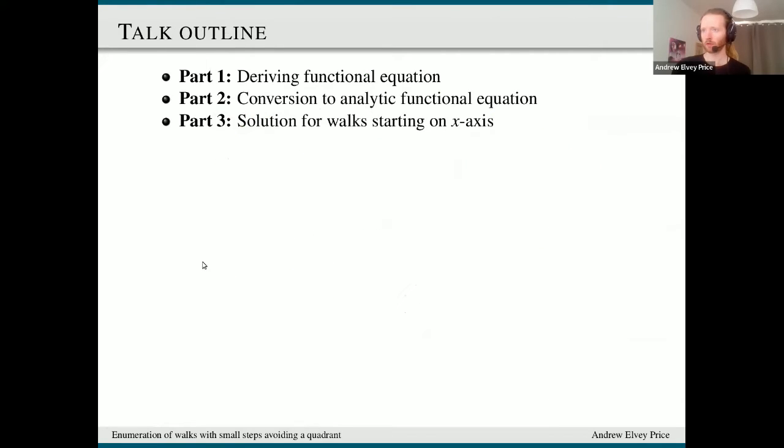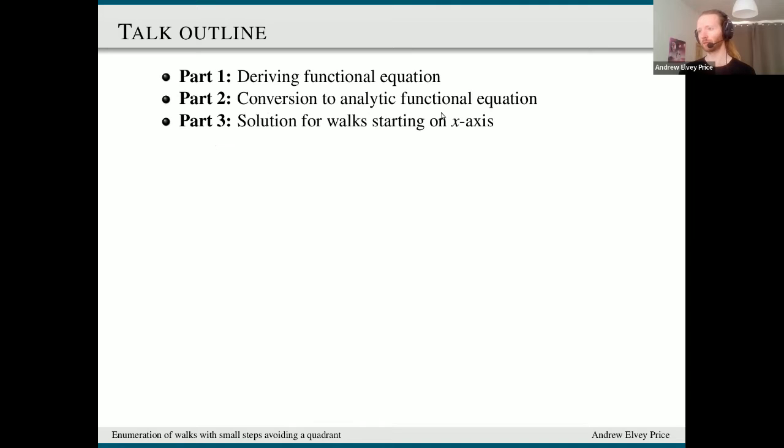Okay. So for the outline of this talk, for the first part, I'll describe how we can derive a functional equation which characterizes the generating function that we're interested in. The second part is the new bit, which is the conversion of this formal functional equation that relates to formal power series to an analytic functional equation that relates to meromorphic functions in the complex plane.